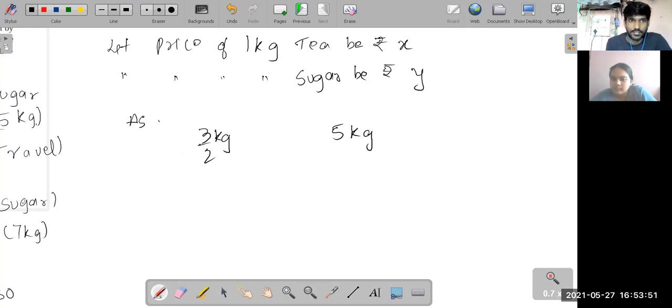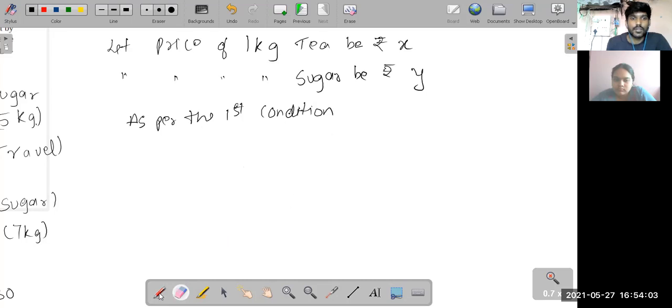I'll write here, as per the first condition, she purchased 3 upon 2 kgs of tea, and 1 kg of tea we have assumed to be X. So what would be the total price paid for tea? 3 upon 2x.